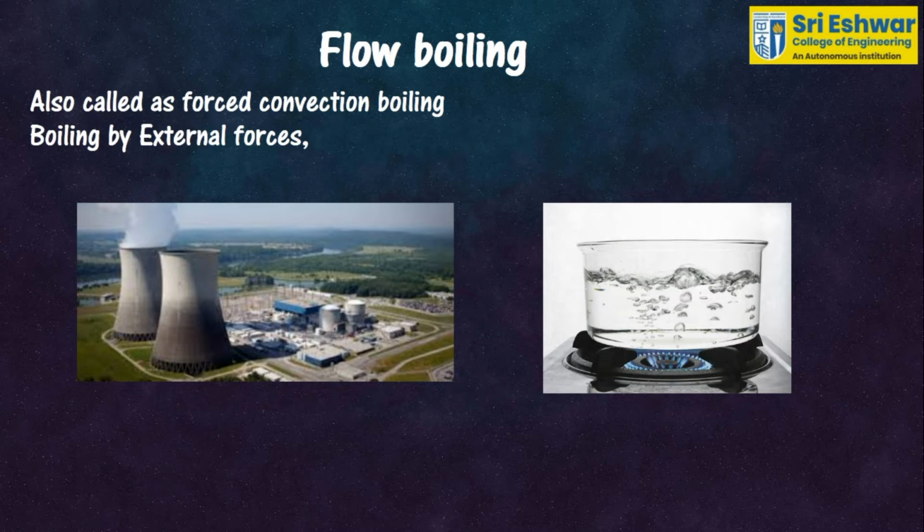Therefore, flow boiling is always accompanied by other convection effects. Conditions depend strongly on geometry, which may involve external flow over heated plates and cylinders and internal flow. In nuclear reactors, most of the boiling regimes are just forced convection boiling.